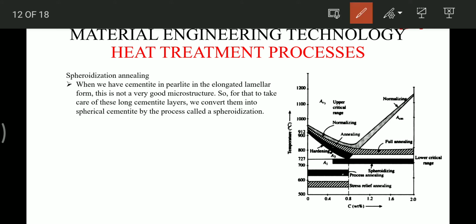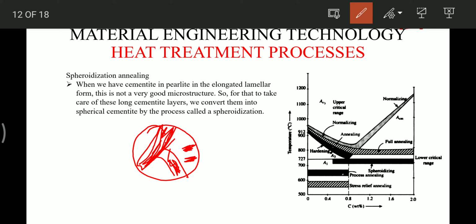Now friends, as we know, the structure which is formed has pro-cementite at the grain boundaries, and the leftover structure has a laminar structure of cementite and ferrite. This dark portion is the cementite, and this white portion is alpha ferrite.